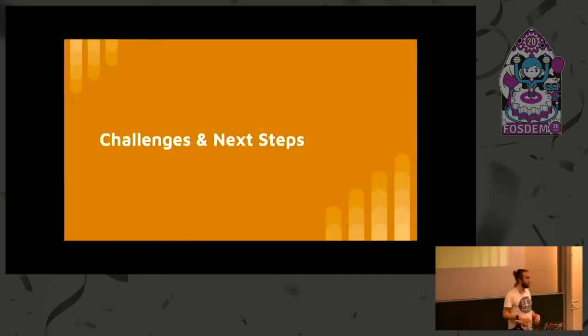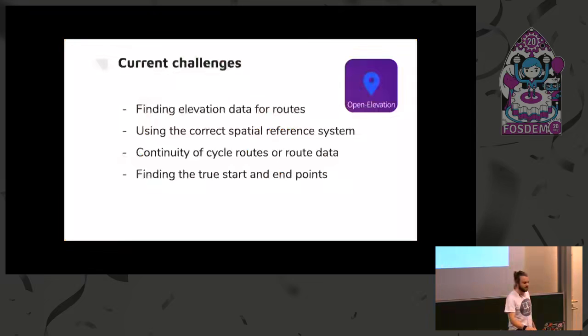So I had a number of challenges that are still present and got some next steps to look through, which I'd really welcome feedback and help on, because I think there'll be quite a lot of time for questions and suggestions. At the moment, there is no elevation data for the points on the route. And if you're trying to plan a route on your bike, in the apps, they have really, really excellent elevation profiles.